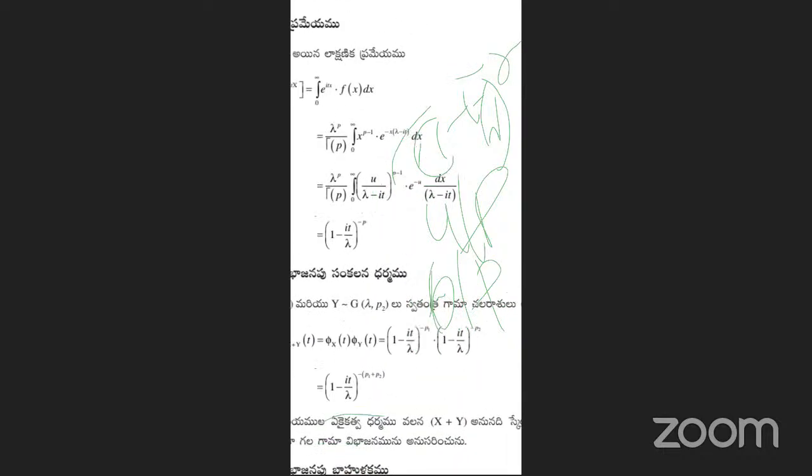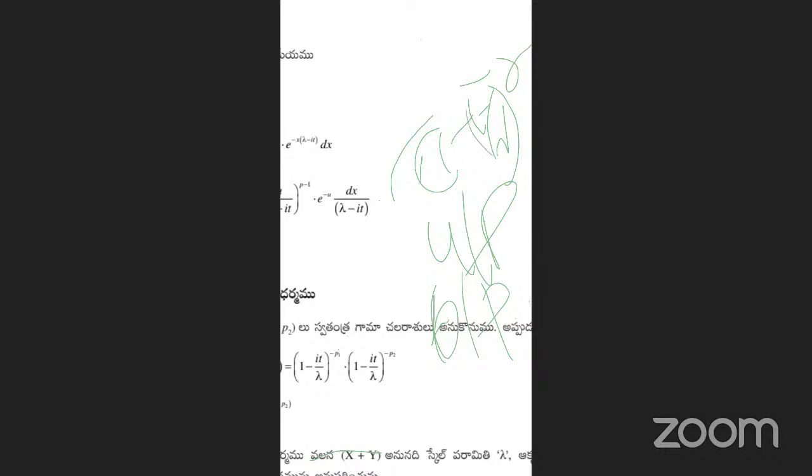And its characteristic function is 1 minus it by lambda whole to the power of minus p. Okay.